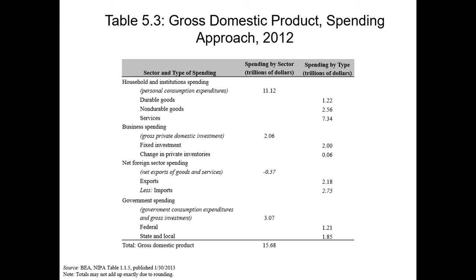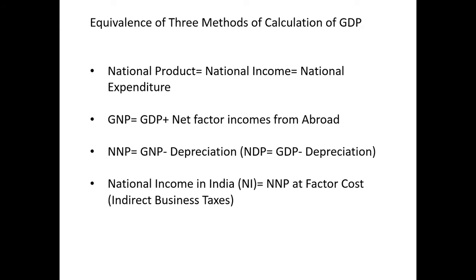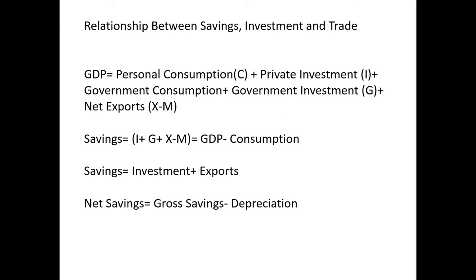If these three methods of calculating the national income are equivalent, then the expenditure approach can be elaborated in this manner, where GDP or national income is equivalently a sum of these components: personal consumption, private investment, government consumption, government investment, and net exports.